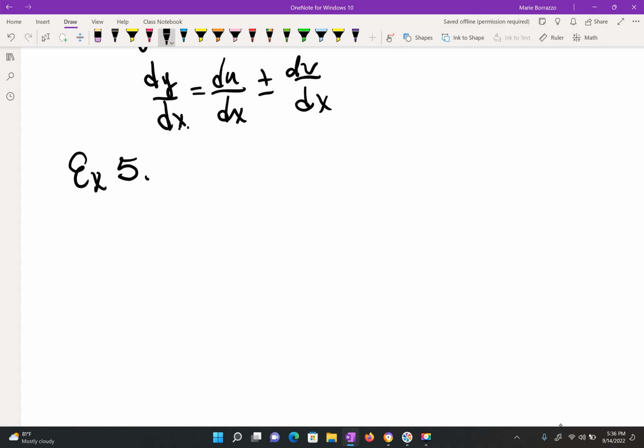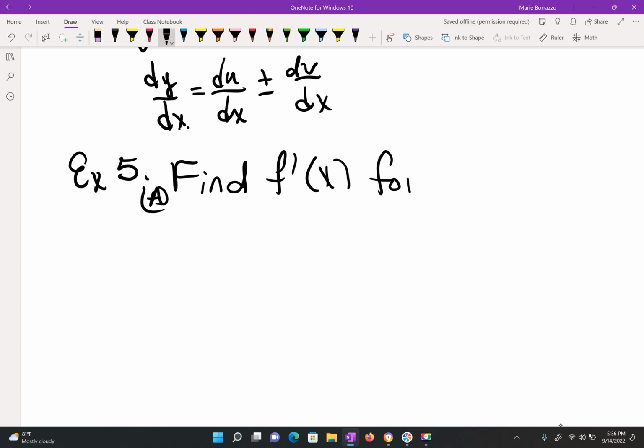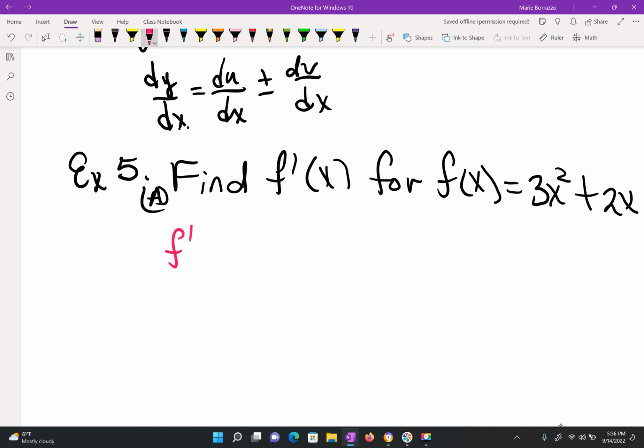So in example 5, the question says in part A, find the first derivative for f of x equal to 3x squared plus 2x. Who can tell me the answer right away? I know all of you can.